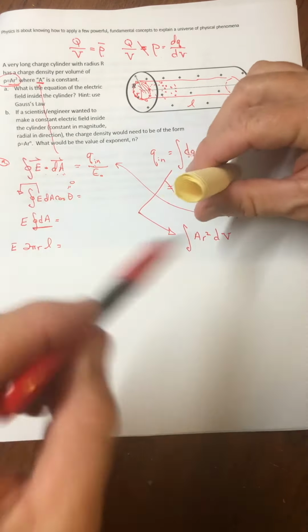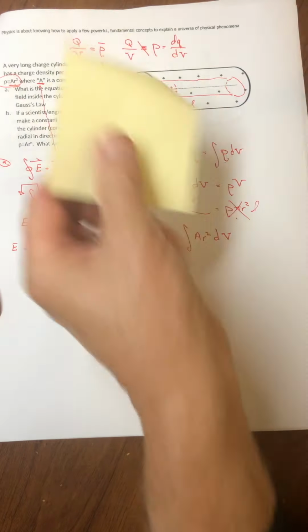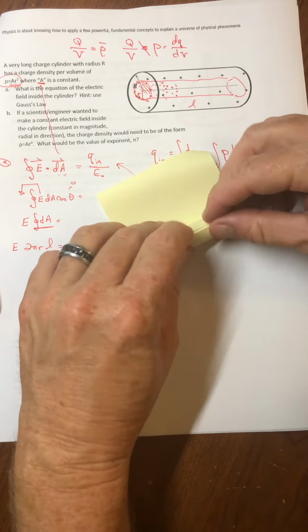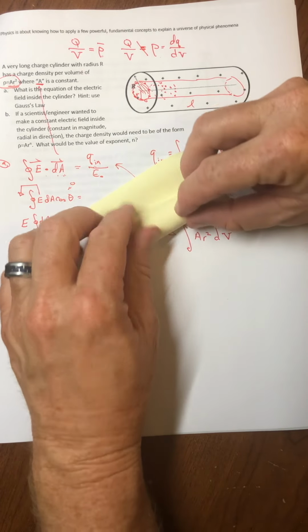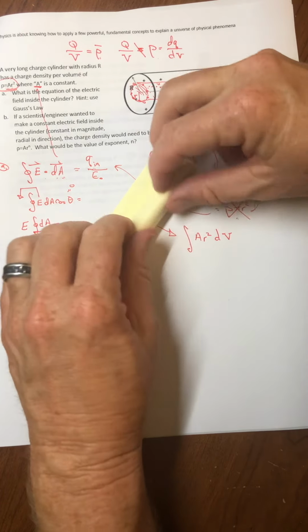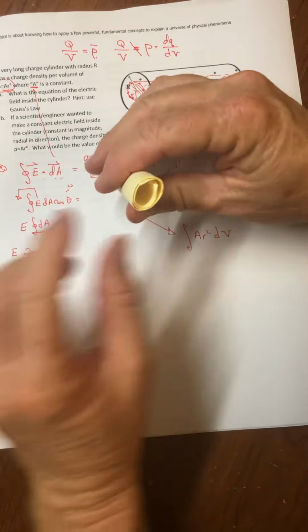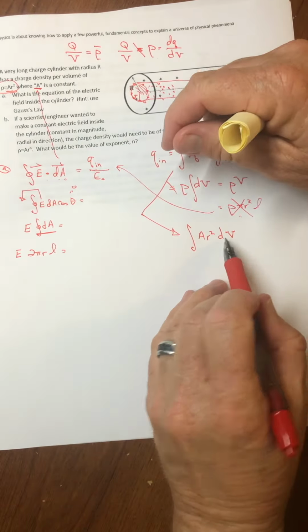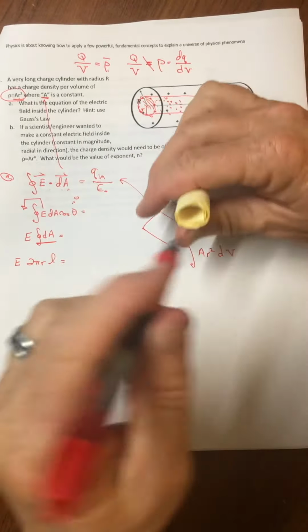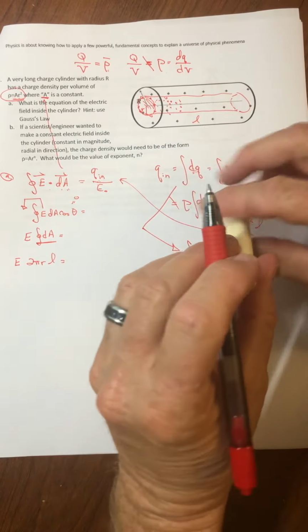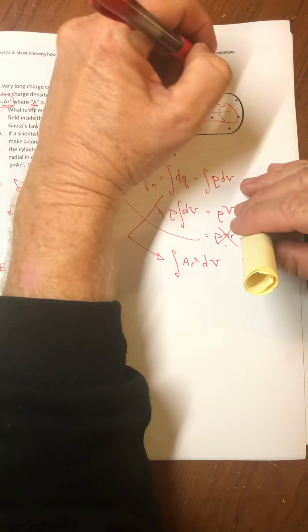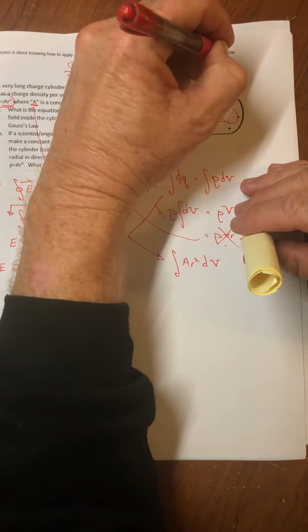Hopefully you're getting this idea that I don't need to waste another sticky note to show you. What I'm thinking in my mind is that I need to take the volume of one of these cylindrical shells. It's got a certain thickness as it goes back in here.